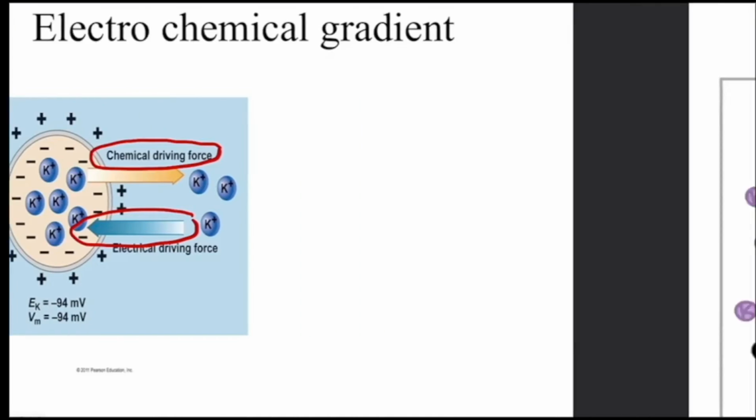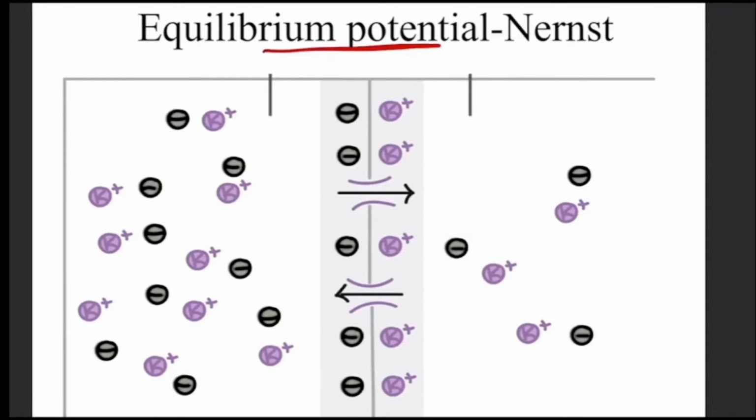This is called the equilibrium potential, or the Nernst potential. So what is equilibrium potential? It is the membrane potential at which the ions moving outside and ions moving inside are equal, and there is no net movement of the ions. Hope this point is clear, and this is because of the concentration gradient and electrical gradient working together.